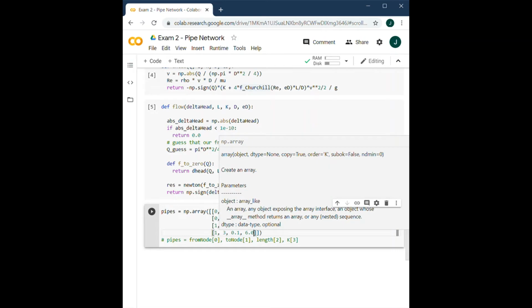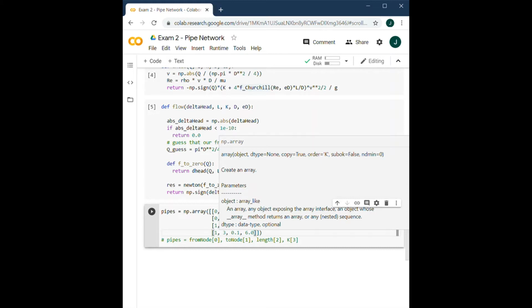The reason why we guess is because we're solving for the flow within this network, and in order to solve the flow within the network, we need to have some starting points. So we're going to just guess that it's 6.